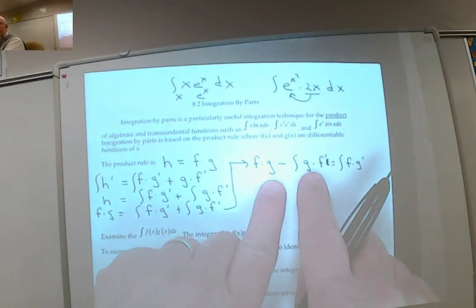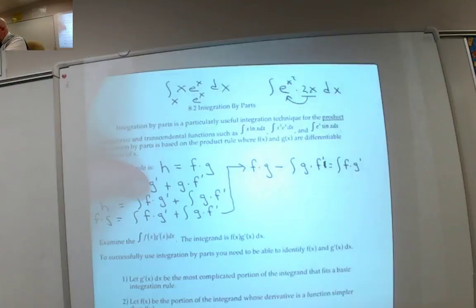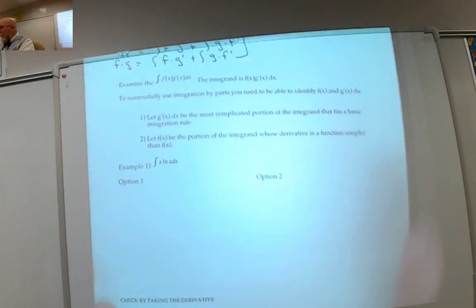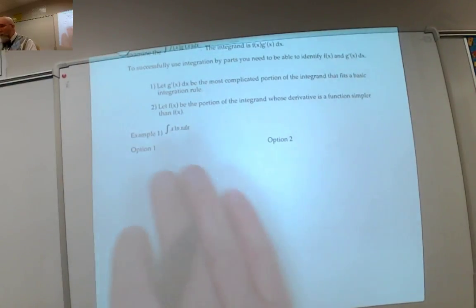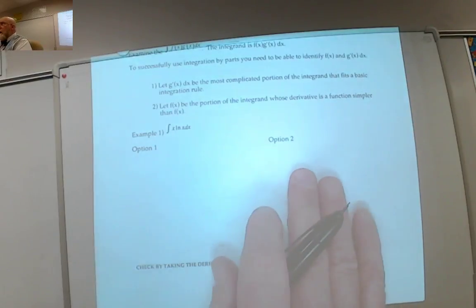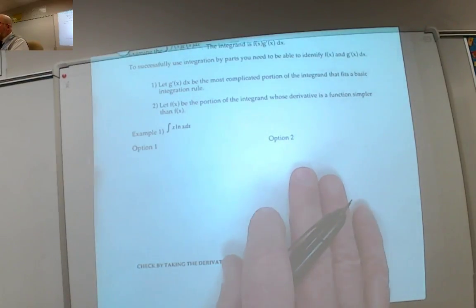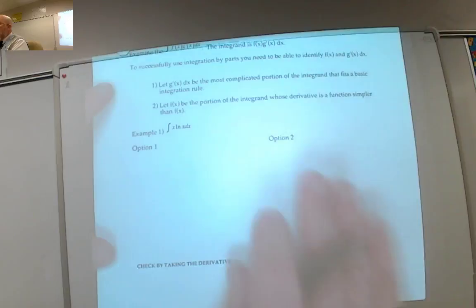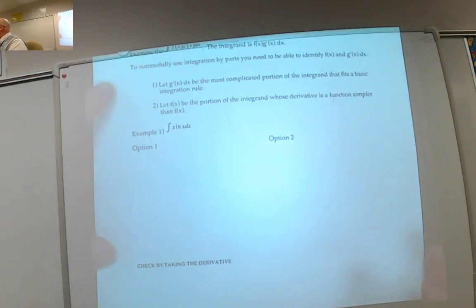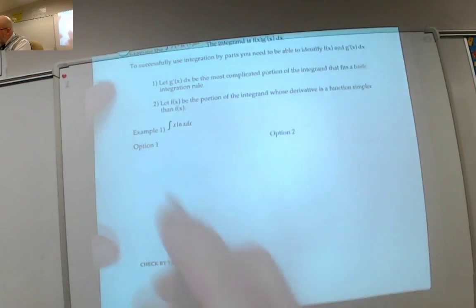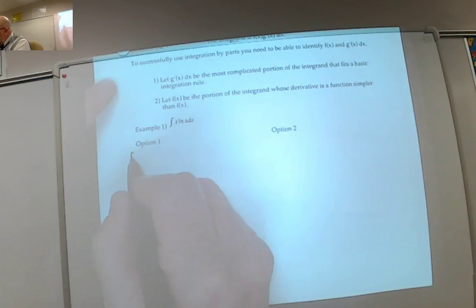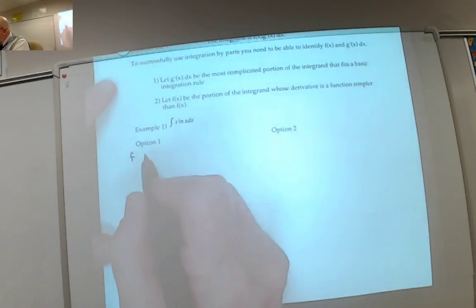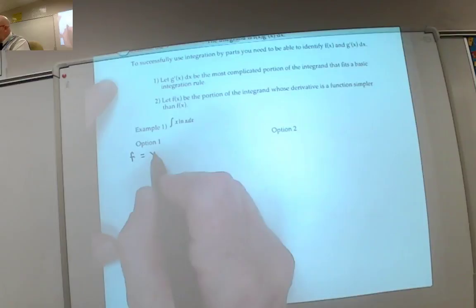All right? So let's take a look at this first one. A lot of times, the reason I wrote option 1, option 2, is that people say, well, how do you decide which is which? And I'm going to give you some hints as we go along here. All right? So I'm going to start out and say that f is equal to x.